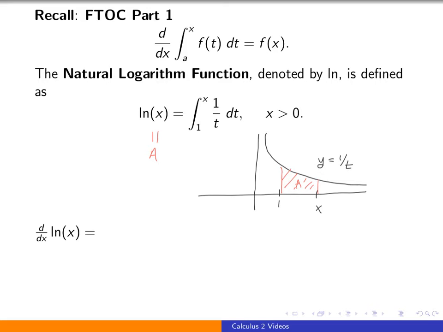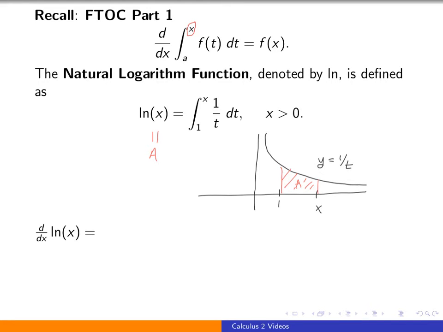Now, from a calculus perspective, at least in this initial video, the most important thing for us is what is the differentiation formula associated with the natural log, and then can we just practice a few examples. So recall from the fundamental theorem of calculus, the first part, if we have a definite integral from a to x, f of t dt, differentiating this can be the easiest derivative we ever evaluate.